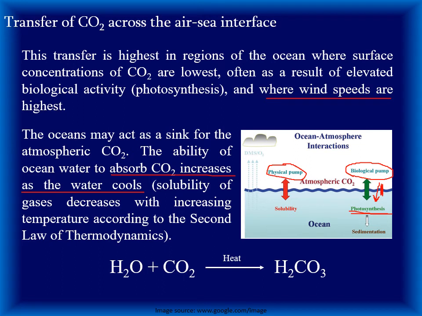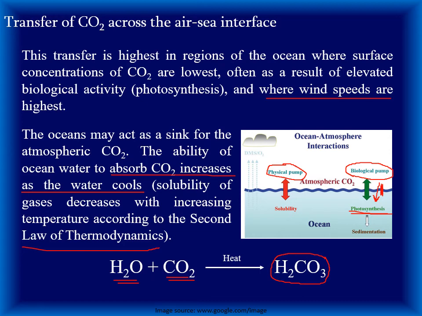Now, what basically happens during this physical process is that one simple reaction takes place. That is, carbon dioxide reacts with water and forms H2CO3, that is carbonic acid. Now, H2CO3 is not a very stable form, so ultimately it will form carbonate or bicarbonate ions. In this reaction, from water and carbon dioxide, some heat is released.